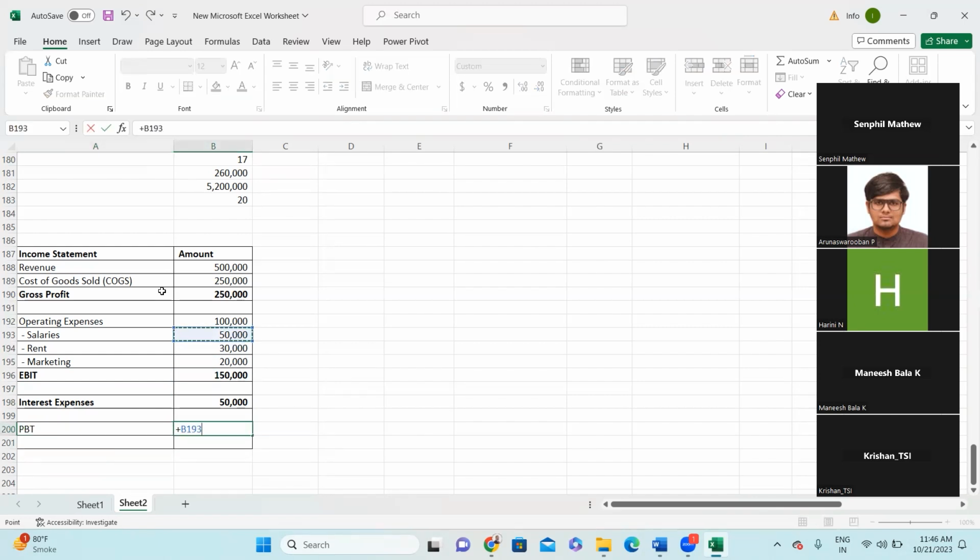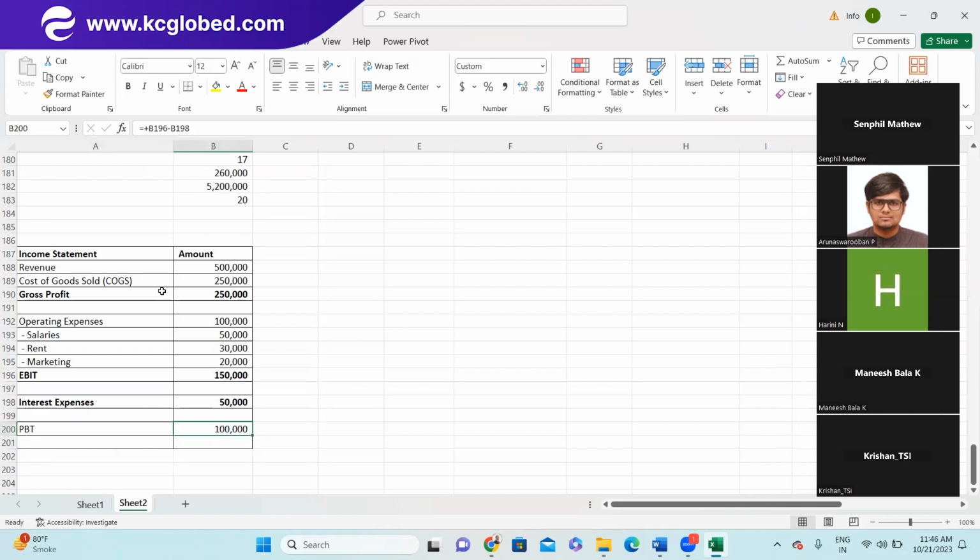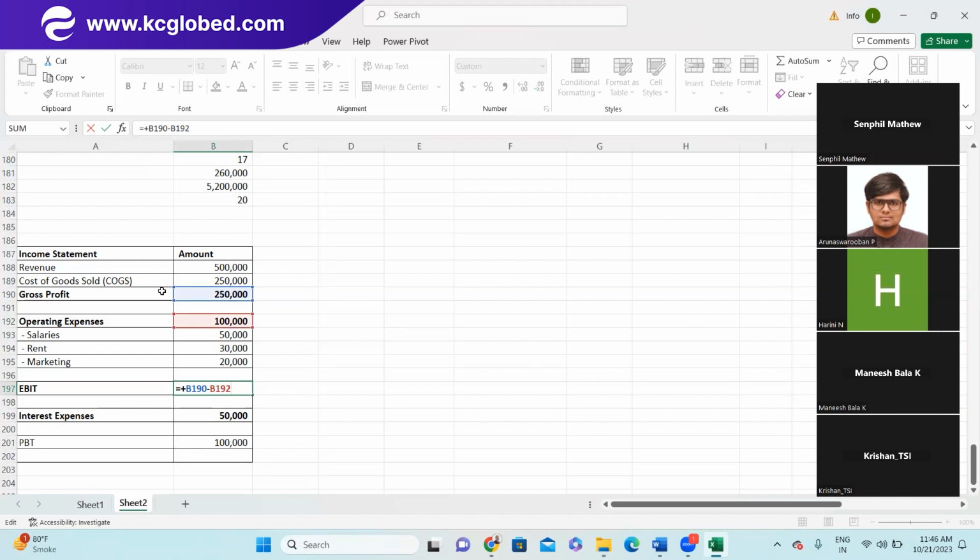So 250 is your revenue minus your cost of goods sold, and your operating expenses are $100,000, right? And your EBITDA is 150, which is gross profit minus operating expense.